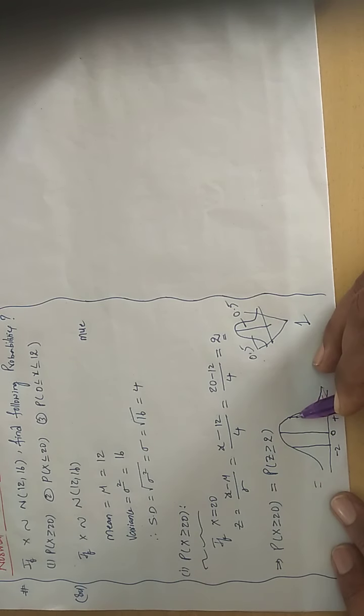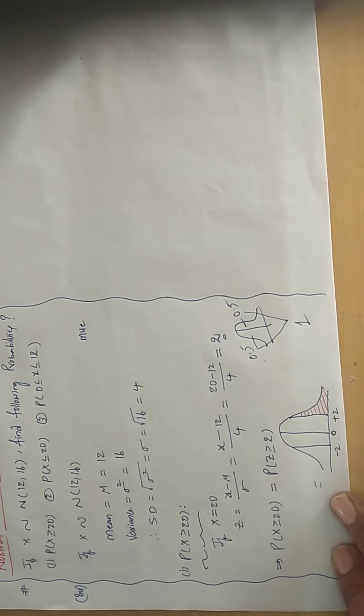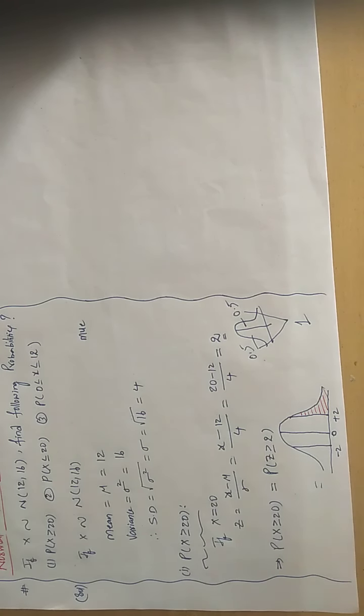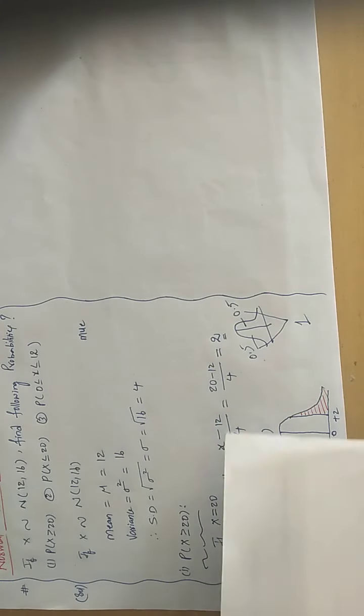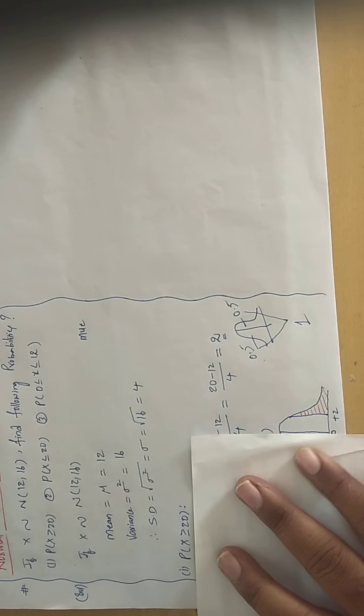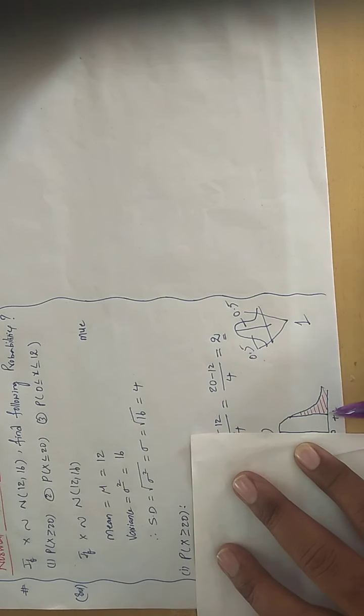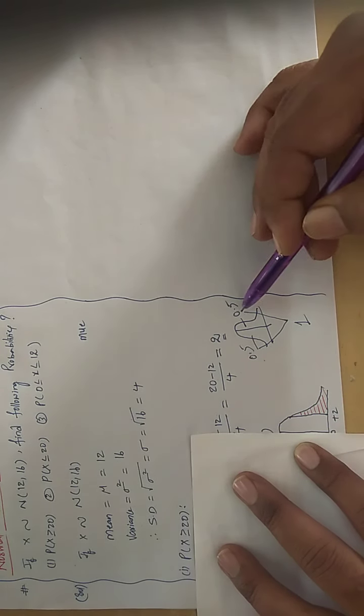Now actually the required probability is the shaded region. And we know from the discussion that this entire half area is nothing but 0.5.